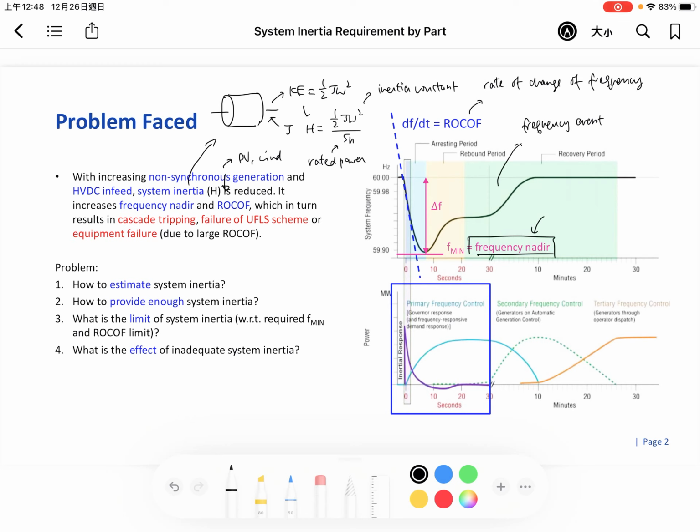You must notice that the frequency drop is due to the change of power, or actually the energy deficiency, which is this area.